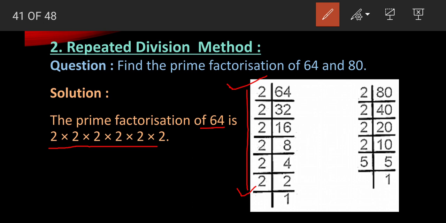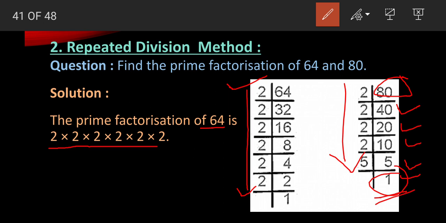Now come to the second one. 80 can be prime factorized as follows: 2 forties are 80, 2 twenties are 40, 2 tens are 20, 2 fives are 10, then 5 ones are 5. First you have to divide 80 by 2, then divide 40 by 2, to get the last number as 1.